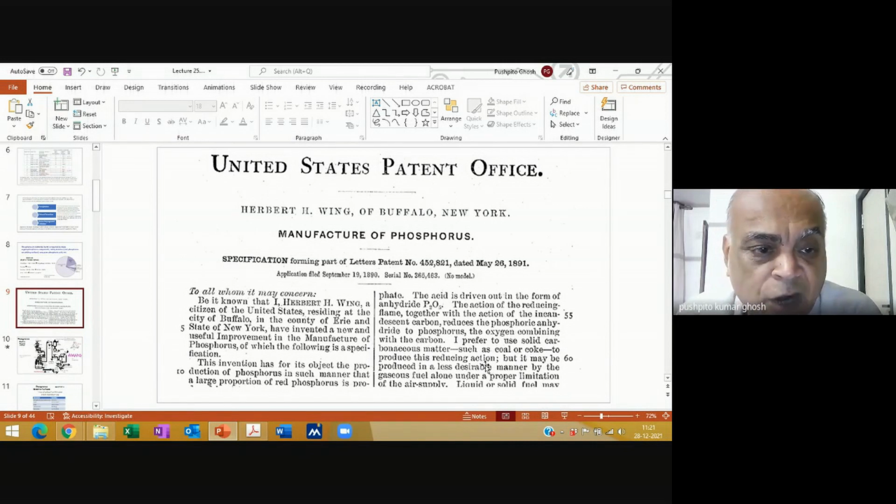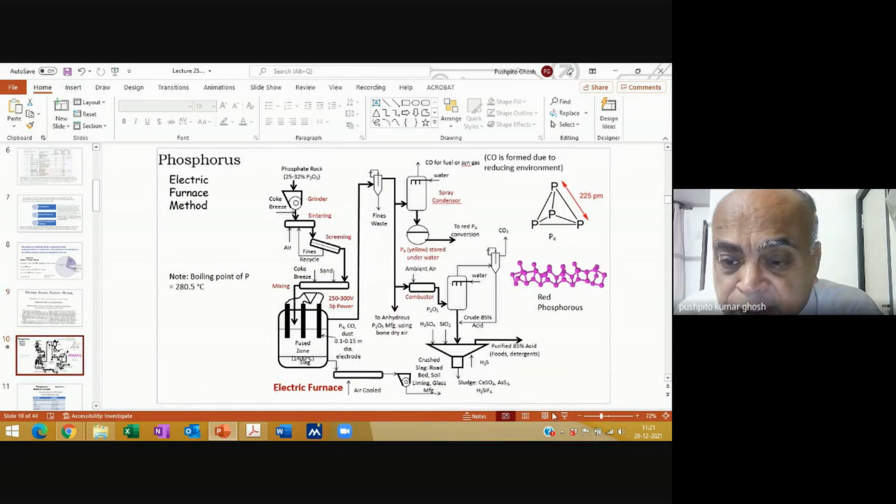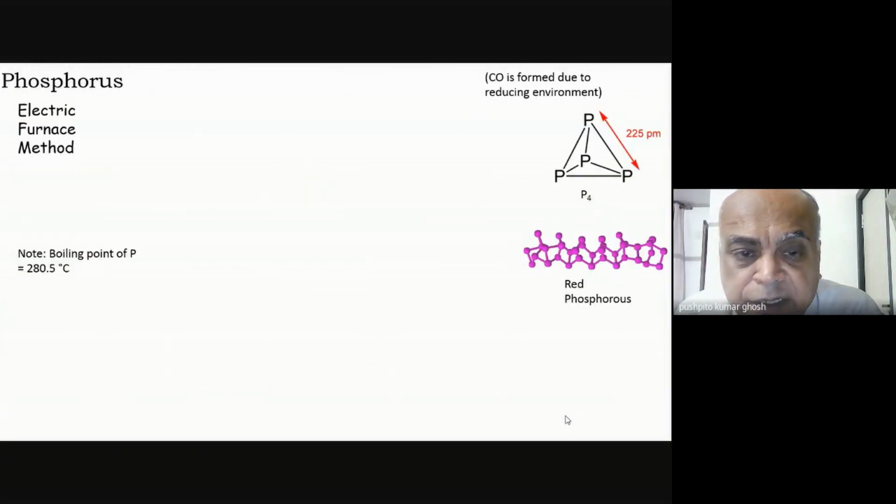So that's at the heart of it. Now, this is done in this particular reactor, and I will show you step by step what the process is.